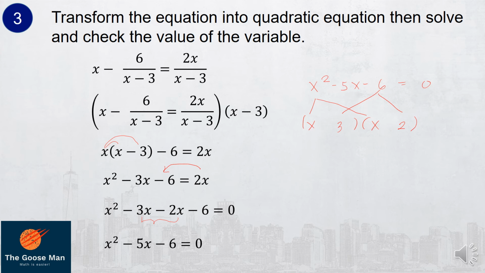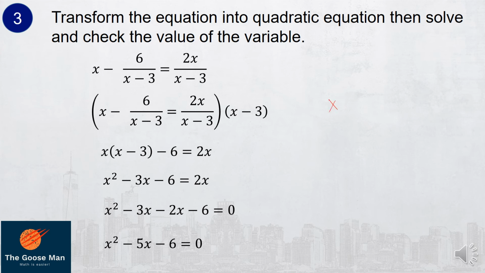If I put here negative 3 and positive 2, this will become negative 3x, while this one is positive 2x. But if I add these together, it will result in negative x only. So this is not the middle term that I'm looking for. Therefore, these are not the correct factors of the given equation. So I'll try another combination.